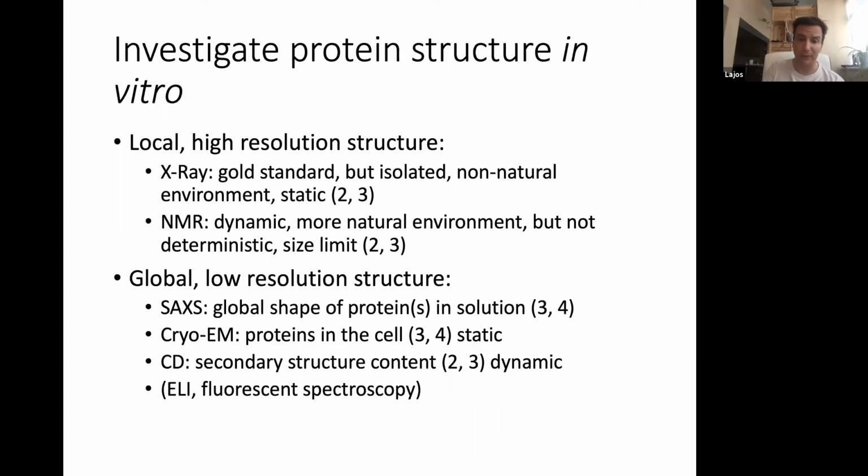The other one is the NMR, so the nuclear magnetic resonance, which is giving you a much more dynamic picture, so you can see movements also. This is a very important part of NMR, actually.